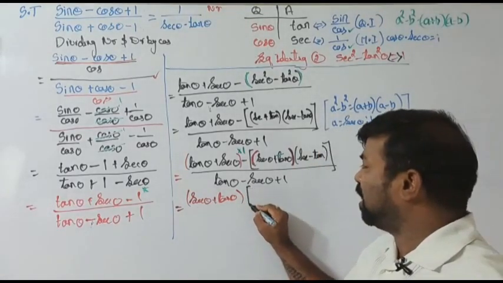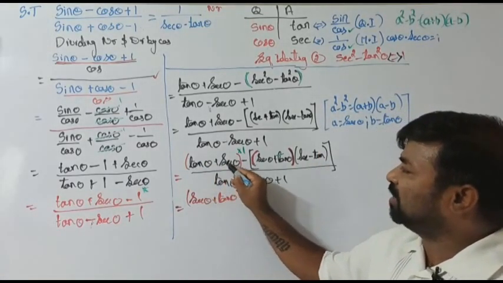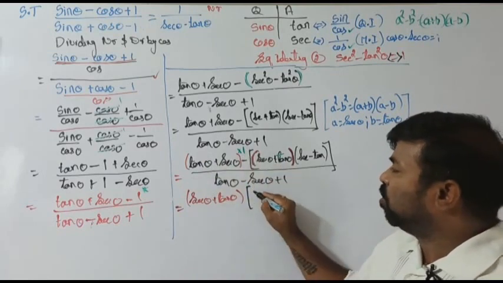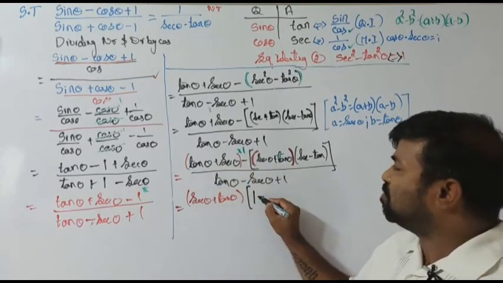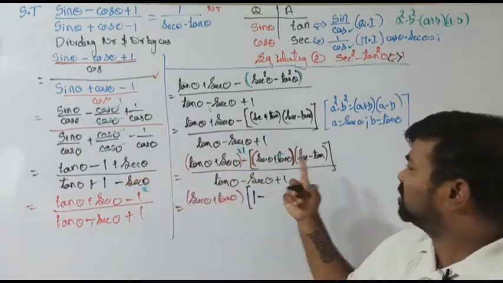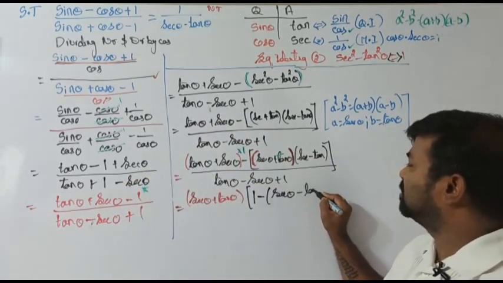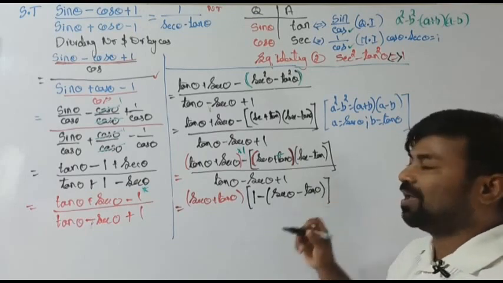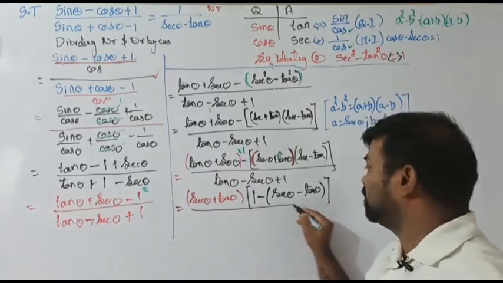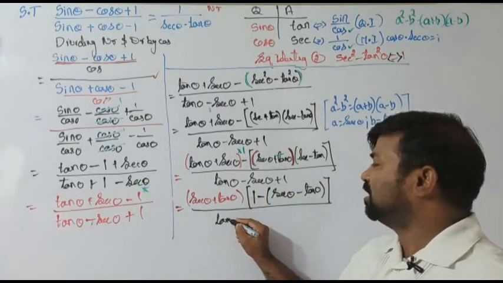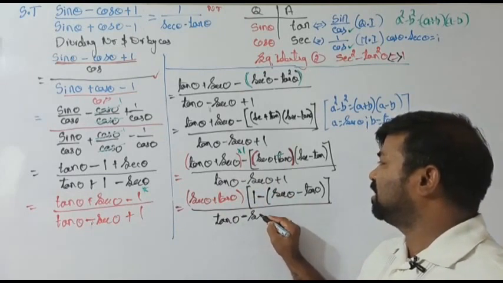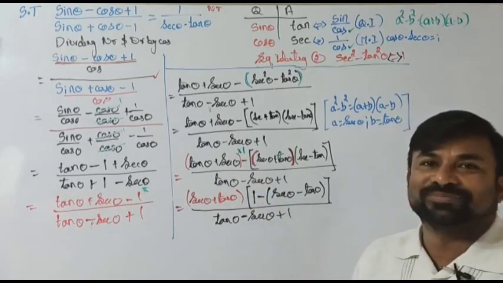If I pull it out, just now I said, if I remove secant theta plus tan theta, what is left over? 1. And what is the sign there? Minus. If I remove this one outside, what is left over? Secant theta minus tan theta is left over. And don't forget the denominator: tan theta minus secant theta plus 1.